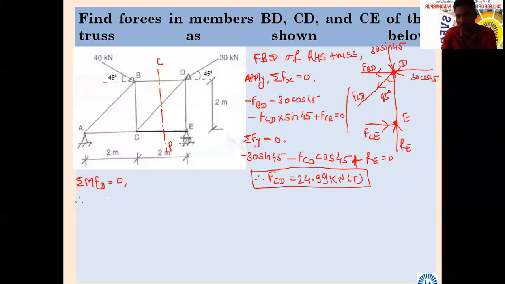How will moment develop with respect to point D due to force FCE? Clockwise or anti-clockwise? Anti-clockwise. What is the perpendicular distance between force FCE and point D? 2 meter. Okay, 2 meter.